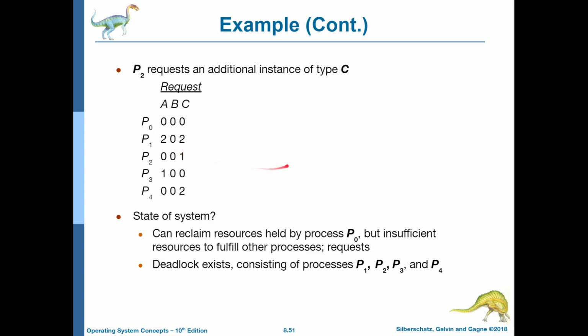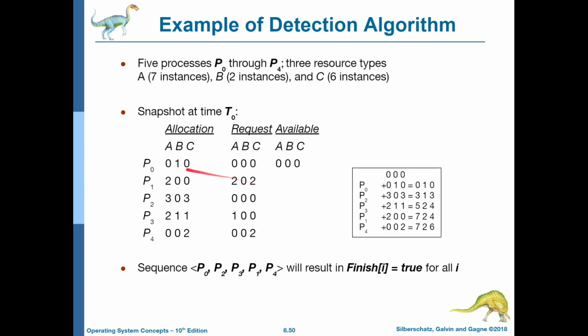All right, now, what we do is we take a look to see if this request put the system in a deadlock state. Well, if we take a look, we see process 0 can terminate, but when process 0 terminates, it does not restore enough resources to meet any of the requests.